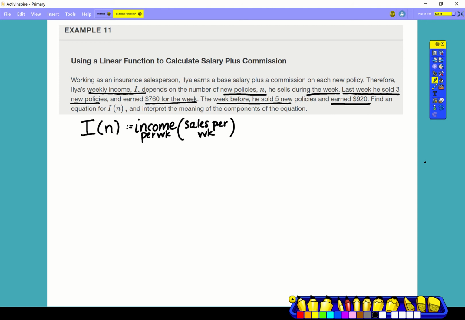Find an equation I of n and interpret the meaning of the components of the equation. Weekly income depends. Oh, okay. It doesn't really look like there was a question in there, but it wants us to build an equation. So in slope-intercept form for I of n.